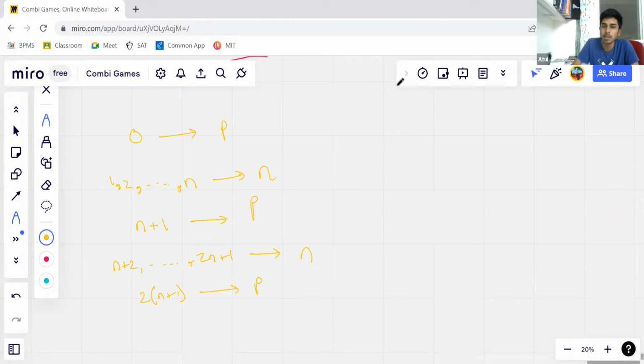So you can repeat this until you show that the P positions are exactly 0, n plus 1, twice n plus 1, thrice n plus 1, and so on until n minus 1 times n plus 1. And beyond this, everything, at least n squared, is an N position.